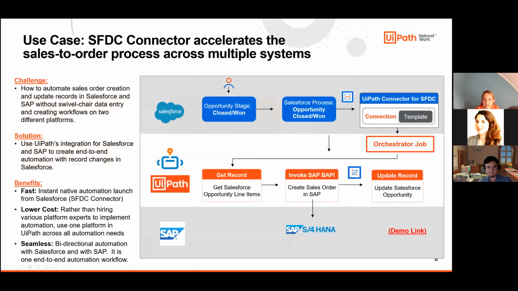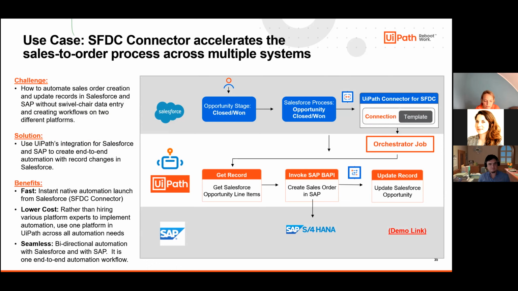So the first use case is what Robert briefly described. And that's a very typical use case across multiple systems. In this case, it is automated to create a new sales order in SAP. So typically you have multiple systems involved in such processes.